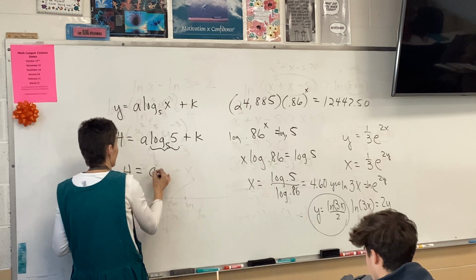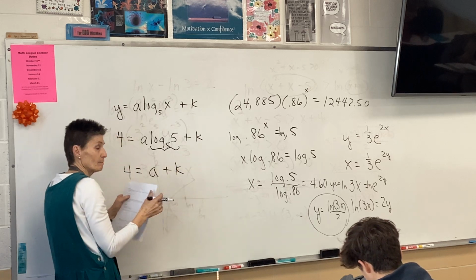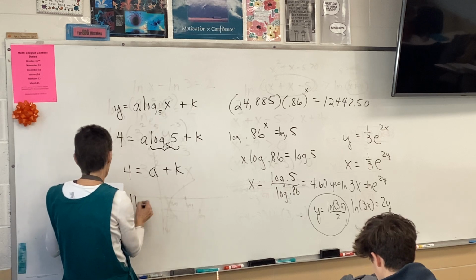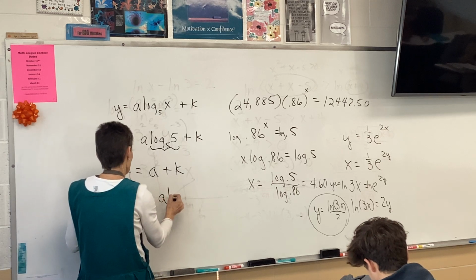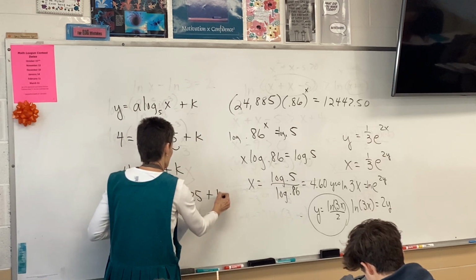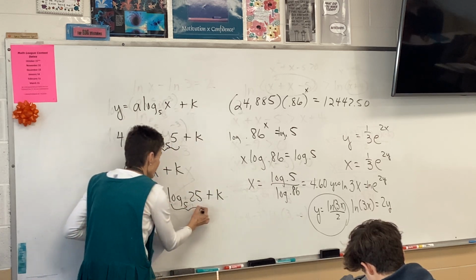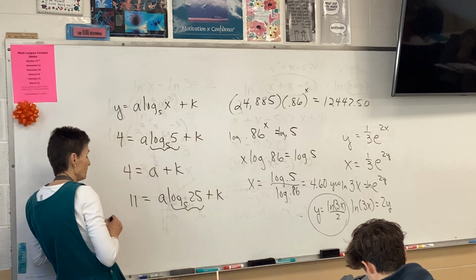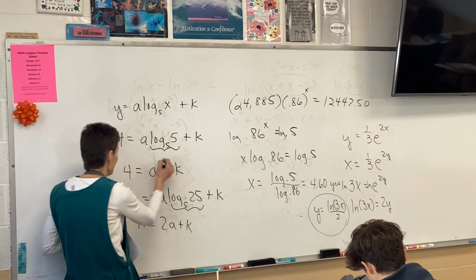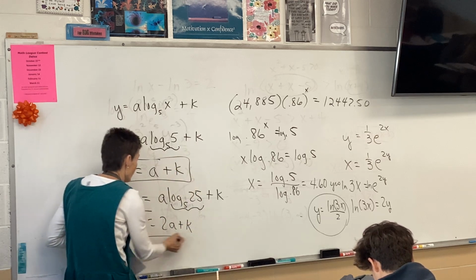So this just says 4 equals A plus K. And then we plug in 11 equals A log base 5 of 25 plus K. Log base 5 of 25 is 2, so 11 equals 2A plus K. So don't we just have these two equations?